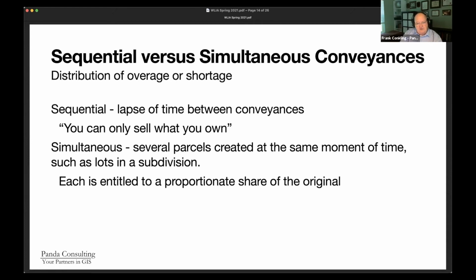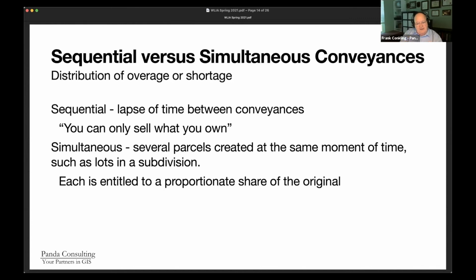A sequential conveyance means that there's been a lapse of time between conveyances. Farmer Brown sells the east half of his property to Farmer Jones, and then Farmer Brown sells the remaining portion of his property with a separate description. What really occurs here is what's commonly called junior-senior rights.